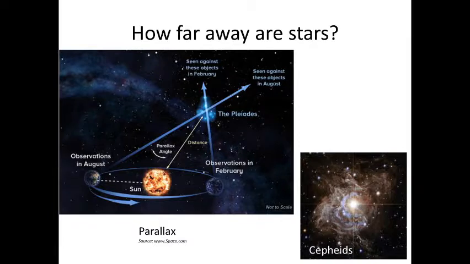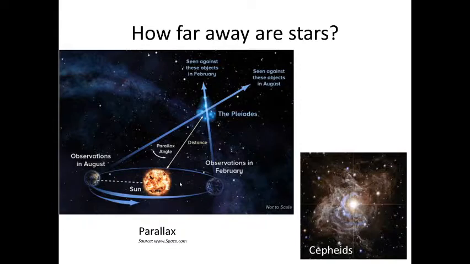Okay, so one of the first techniques that astronomers used was called triangulation, also known as parallax. Here's how it works. The Earth goes around the sun, right? It orbits the sun, and that orbit has a diameter. If you were to take a measuring tape and go from one side all the way to the other side of the orbit, it would be about 300 million kilometers, about 186 million miles.